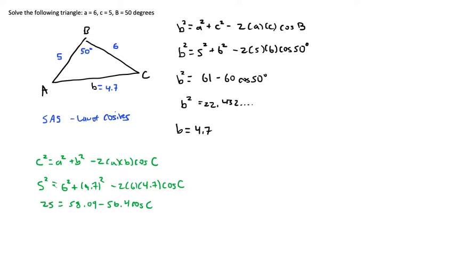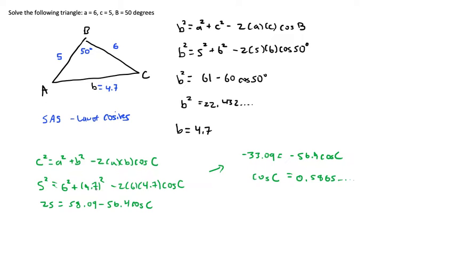So when we do that, we're going to subtract the 58.09 from both sides. So we get negative 33.09 equals negative 56.4 times the cosine of C. So the cosine of C, once we divide this over to the other side, equals approximately 0.5865. Now, once again, I did not round these when I actually did the calculations.